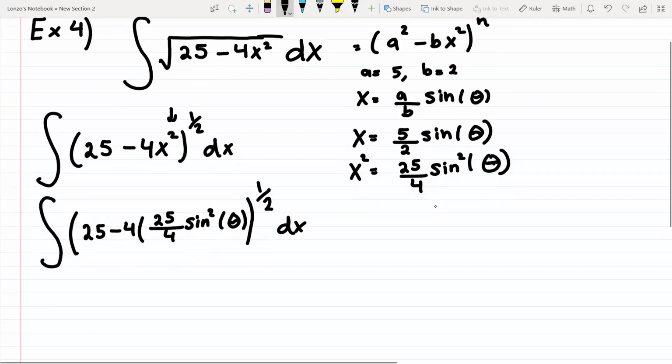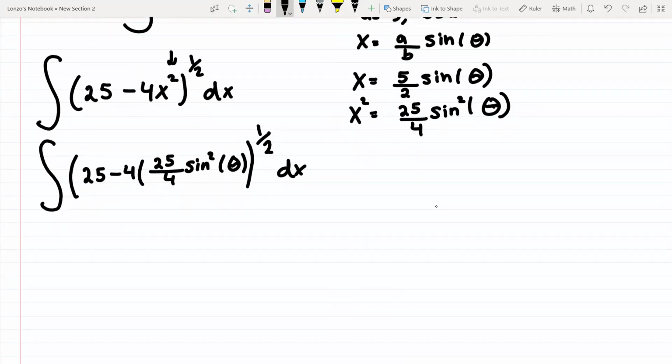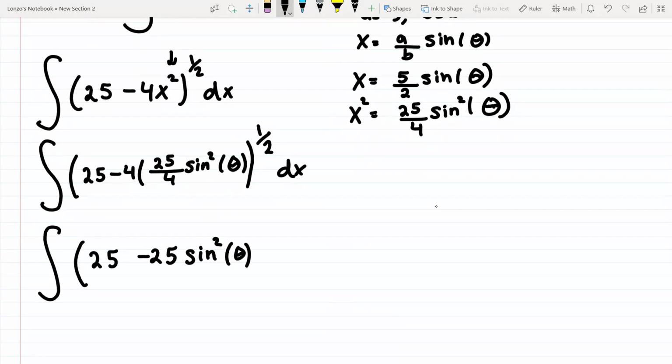Okay. Now, what do we do next? We will simplify. So it's going to be parentheses 25, and then minus 4 times 25 over 4, the 4's cancel, so you're just left with minus 25 sin squared theta. And this is all raised to the 1/2 times dx.